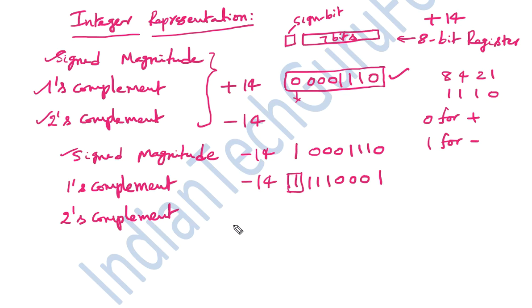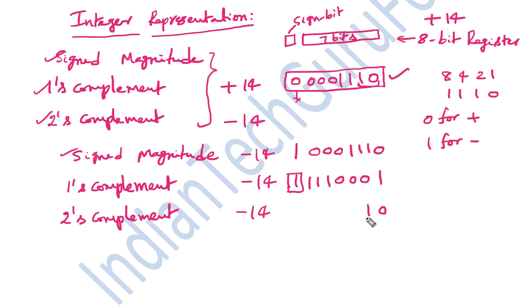Similarly, as far as the twos complement is concerned, we can get it in two different ways. Either add one to the ones complement, or move from right to left. Whenever you encounter the first one, keep the bits as usual and exchange the remaining bits. I am going to follow the second process: moving from right to left, 0, 1, first one encountered.